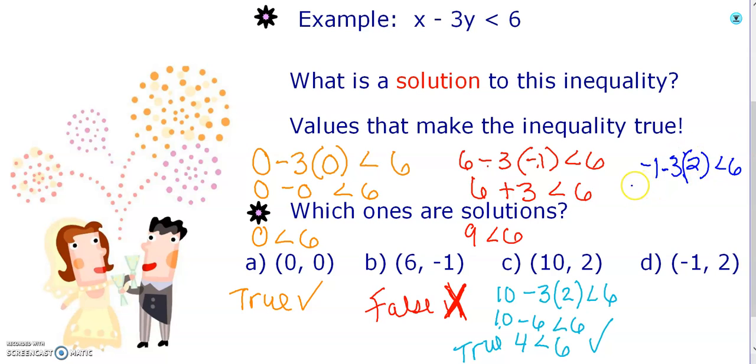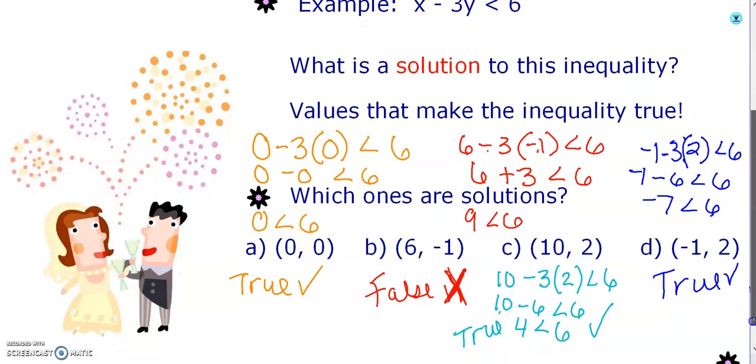There we go. So we've got negative 1, and negative 3 times 2 is negative 6. That should be less than 6. Negative 1 minus 6 is negative 7. Is that less than 6? Yes. So that gets us a true statement as well, meaning (negative 1, 2) is a possible solution.